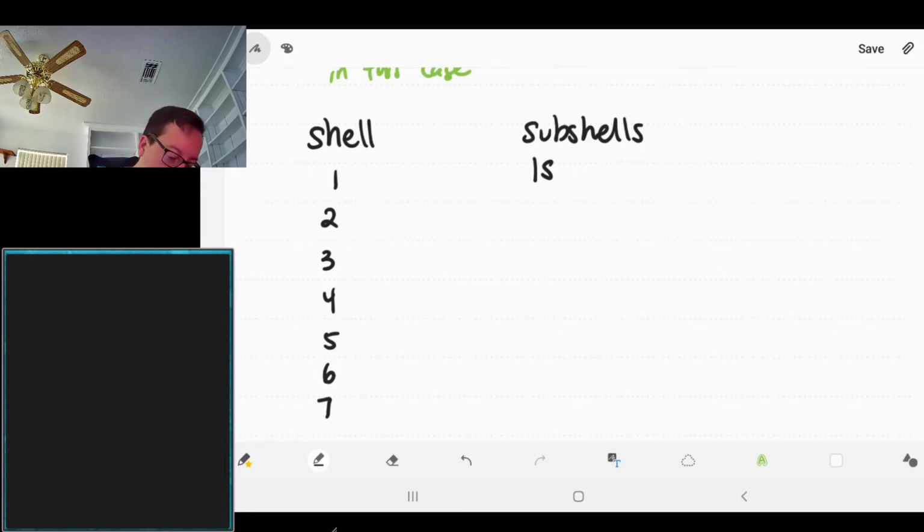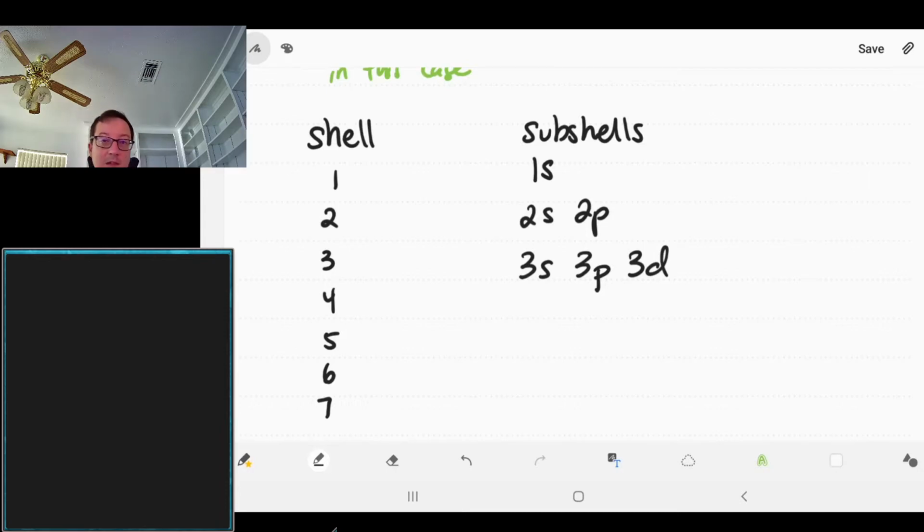When we get into the second shell, we have 2 subshells. The third one, guess what? Has 3.